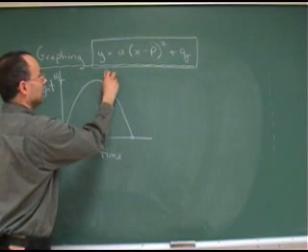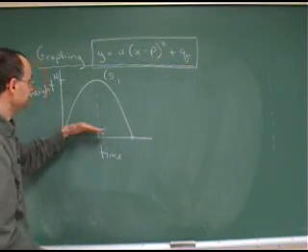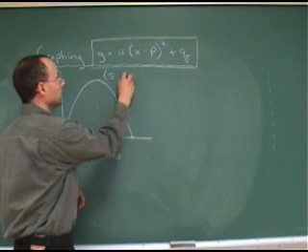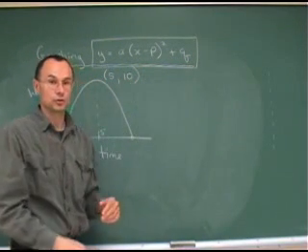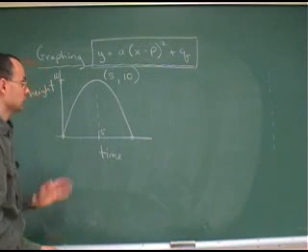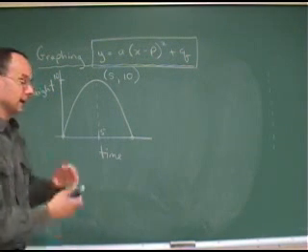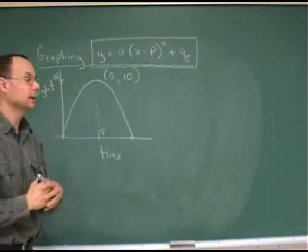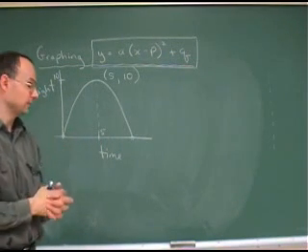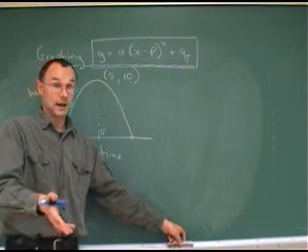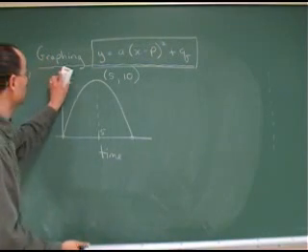We could say at 5 seconds, the rocket has reached a maximum height of 10 meters or something like that. Okay? Now I'm going to give you an actual equation that models the flight of a rocket. We're still going to try to answer the same things: what is the maximum height and when does it occur.